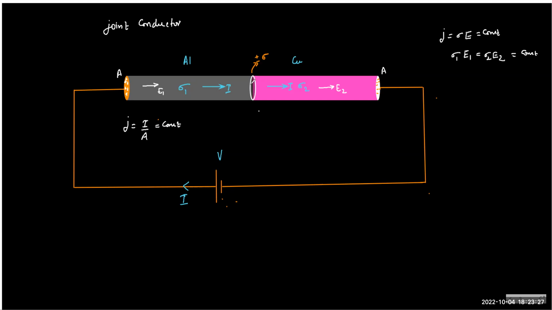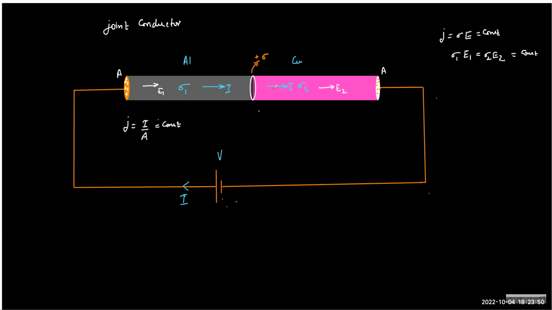How? If I know sigma 1 and sigma 2. So compared to aluminum and copper, which one is more conductive? I mean, the conductivity of which metal is more, aluminum or copper? Anyone? I think copper.